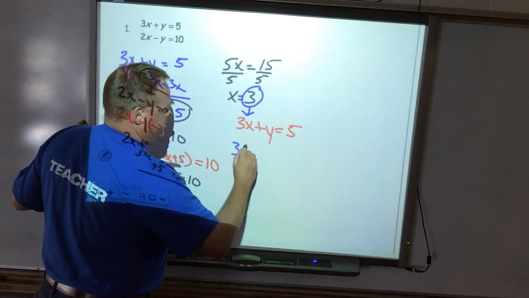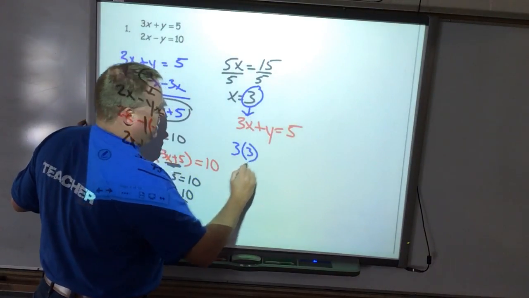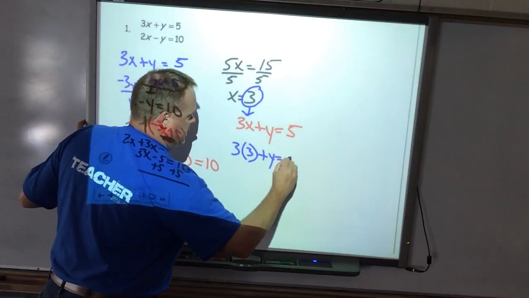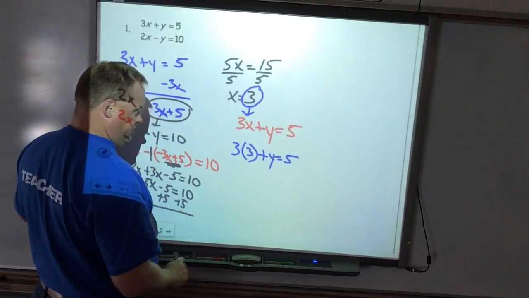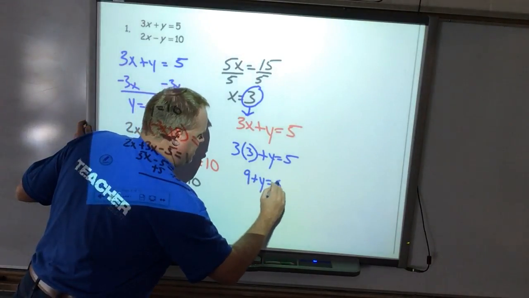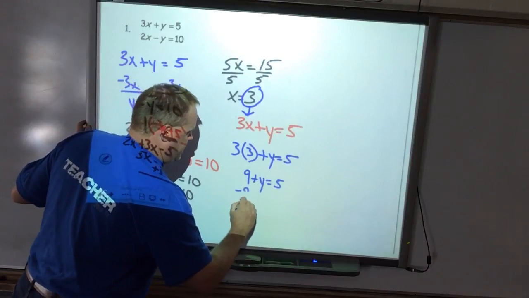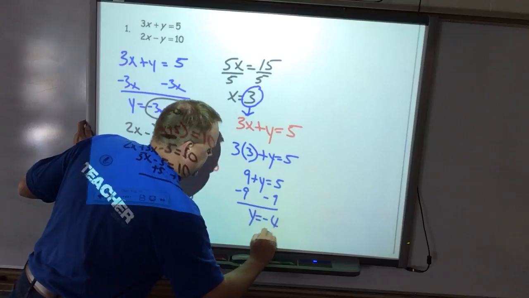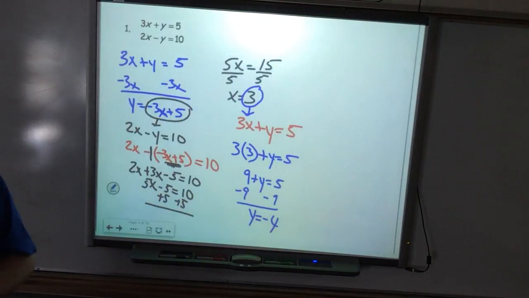So this becomes 3 times 3 plus y equals 5. This becomes 9 plus y equals 5. Subtract 9 gives me y equals negative 4.